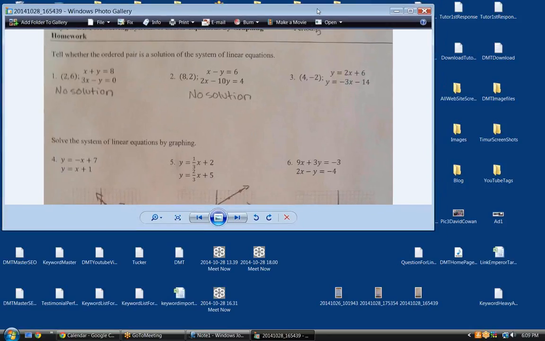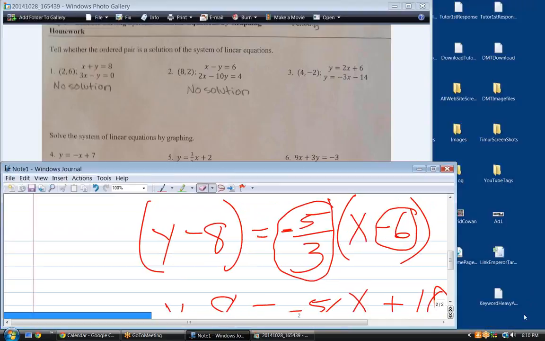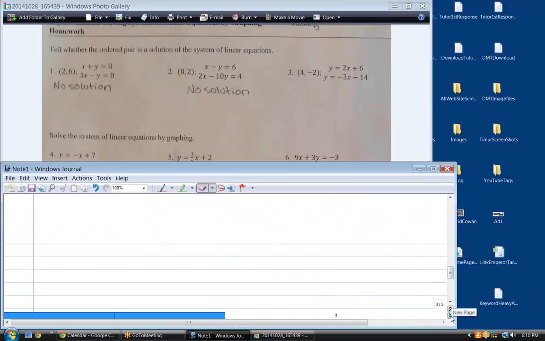This is kind of the stuff we were getting into the other night, systems of linear equations. Tell whether the ordered pair is a solution of the system of linear equations. Now, that does not mean no solution.